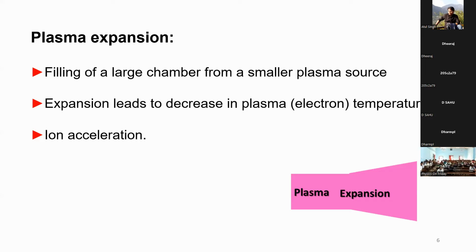So the ion temperature is low, meaning the thermal motion is also low; the thermal velocity will be lower. However, if you allow it to expand, the ions can be accelerated to a very high value. It has different applications that I will discuss here. Okay.